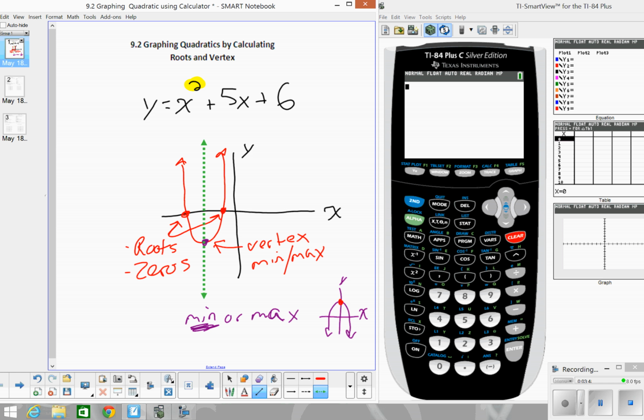So each root is an equal distance from that line of symmetry. I'm just going to draw an arrow right there and say that is my line of symmetry.